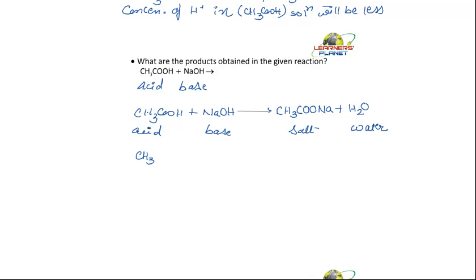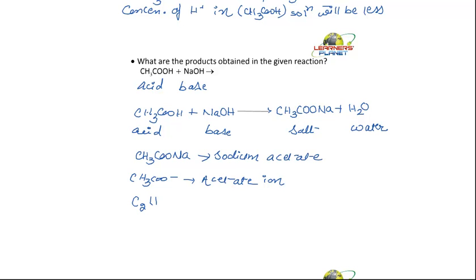Now, what is the name of this salt? That is CH3COONa. You know, this CH3COO minus ion is called acetate ion. So what will be the name of this salt? It is sodium acetate. Right? I can take any other acid. Say if I am taking an acid like C2H5COOH, if it is reacting with sodium hydroxide, what all are the products I'll get?